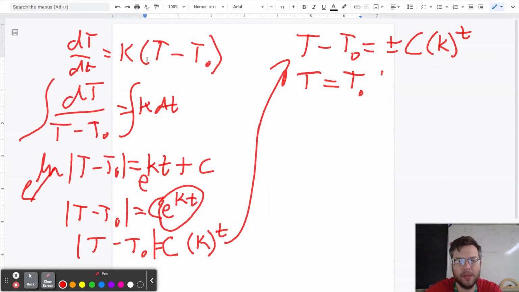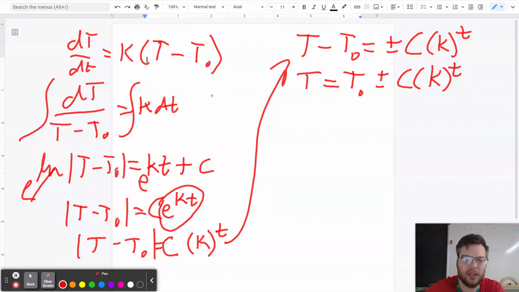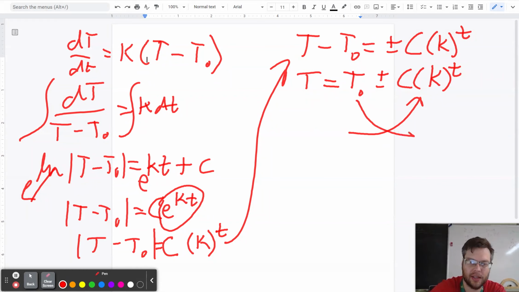And I want you to think about what this is saying. This is saying that you have either a positive or a negative exponential curve, and you have here a T naught that you're adding to it. Well, exponential curves either look like this, or they look like this, or if they are multiplied by a negative number, then you have them looking like this, or looking like that.